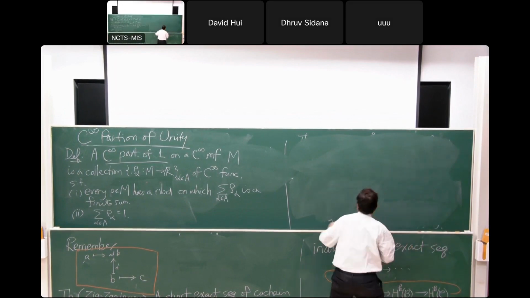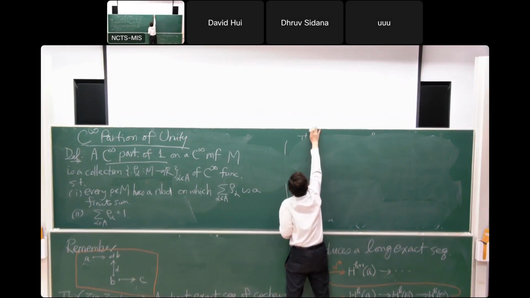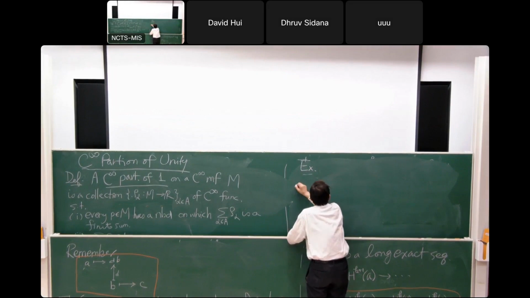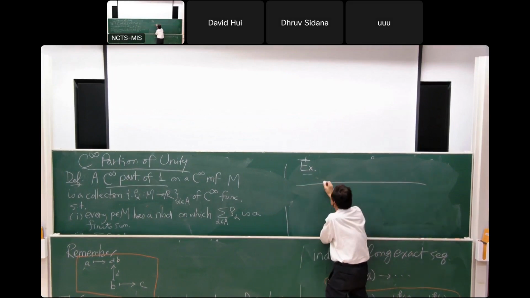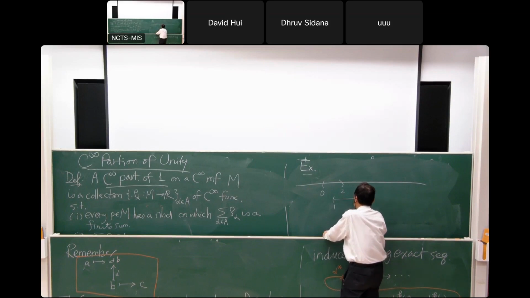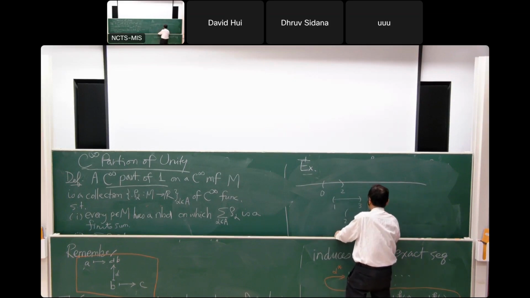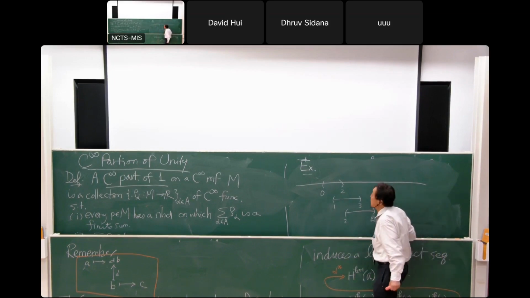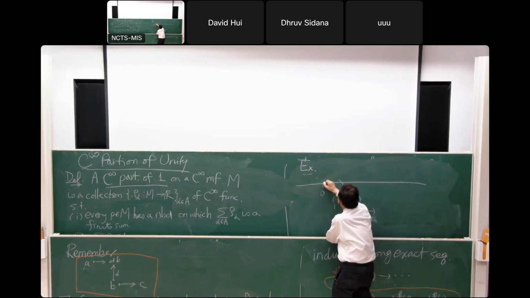So, for example, you might have open sets like this that cover the real line. And then you have functions that look like this.